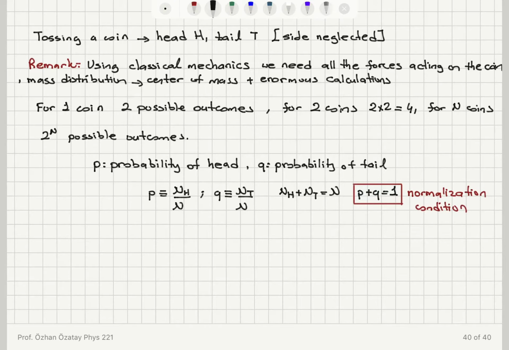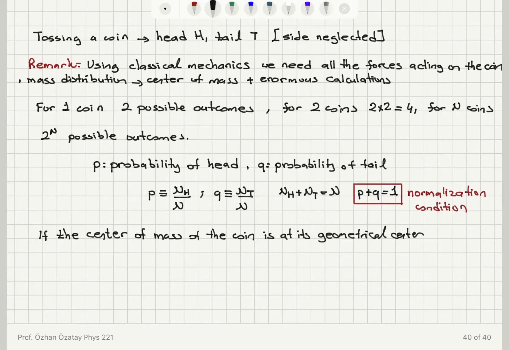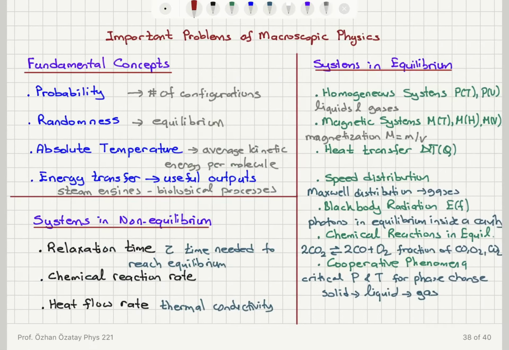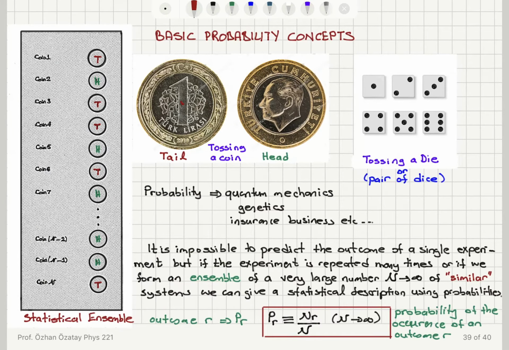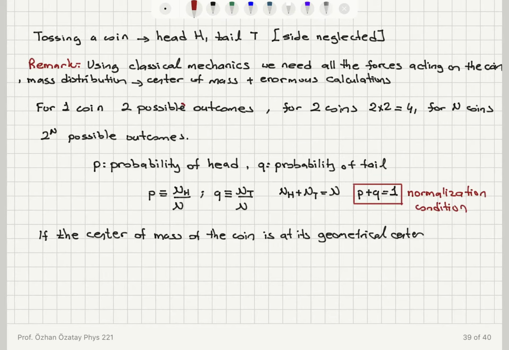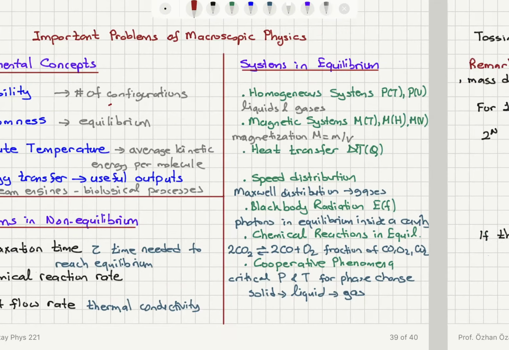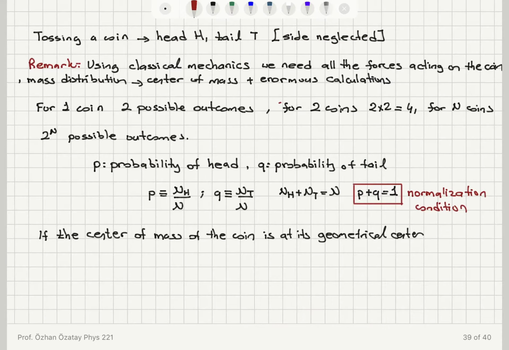Well, if the center of mass of the coin is at its geometrical center, so the center of mass here is right in the middle.